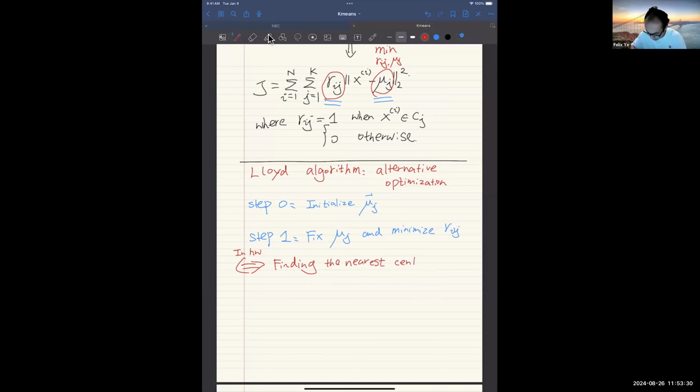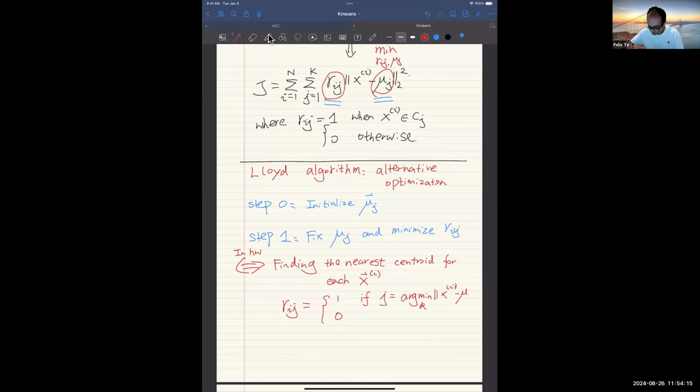So you can say this optimization is equivalent to finding rij as 1 if j is the argument of this k of x of I and the mu k.